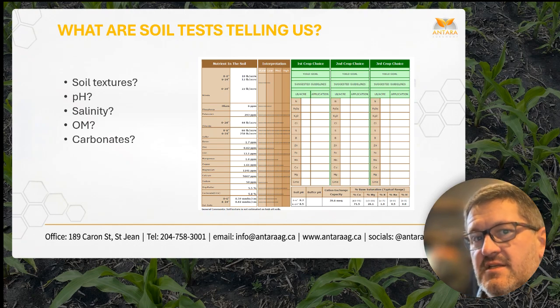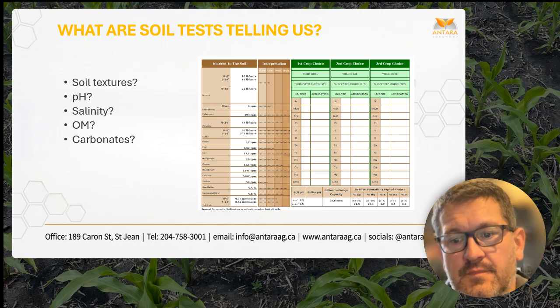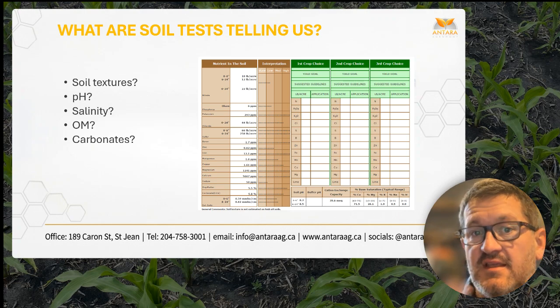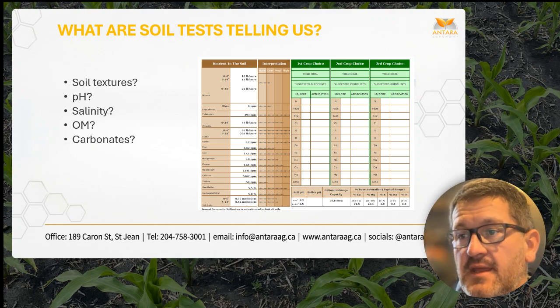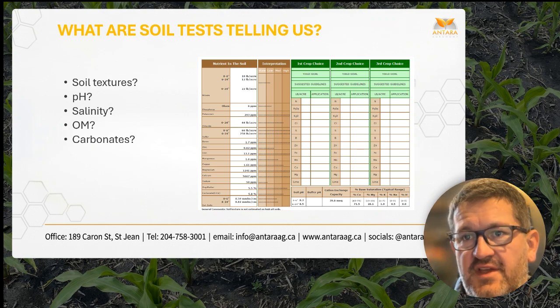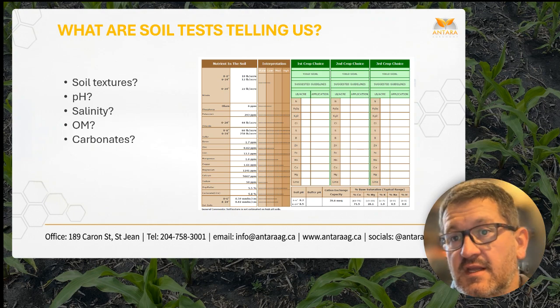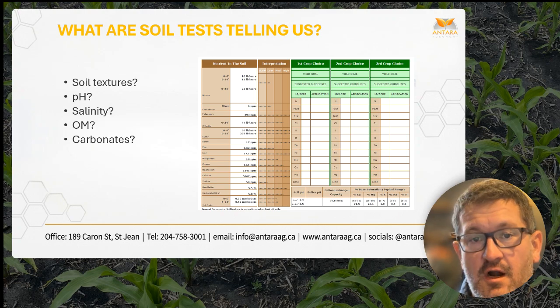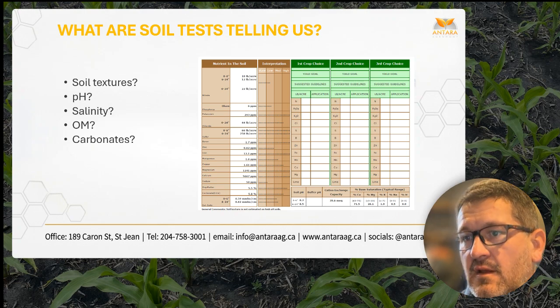Another step we like to look at is what are the soil tests telling us. So in this particular case, if you've got a full composite of the field, ideally you want soil tests to start testing those different areas of the field differently. Looking at things like soil texture, pH, salinity, organic matter. Salinity might be a big clue, but organic matter and carbonates can help indicate erosion.